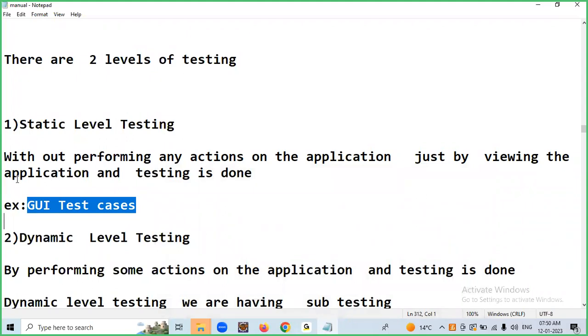Dynamic level testing. What do you mean by dynamic level testing? Performing some action on the application.